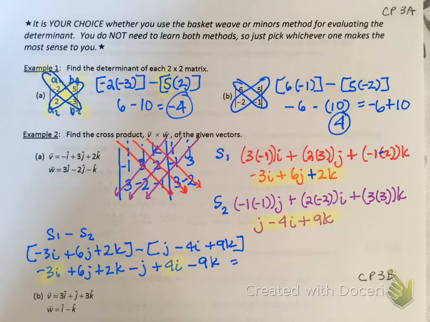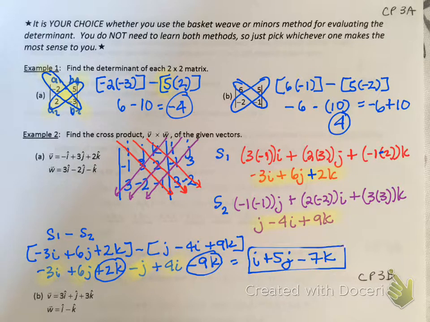So 4i minus 3i is a positive 1i. J's, I have positive 6j minus j is 5j. And then k's, I have negative 9k plus 2k is negative 7k. So the resulting vector is i plus 5j minus 7k, and that is your answer.